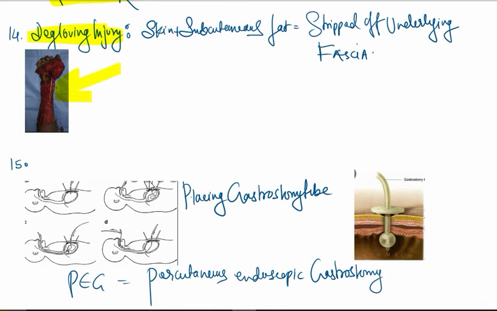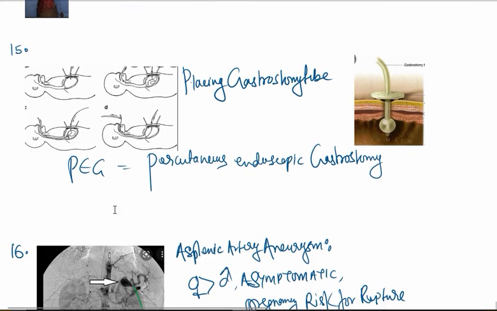So this is skin plus subcutaneous fat stripped off from the underlying fascia. This condition, here we see the inflation of the stomach and then insertion of a trocar and then a PEG tube through the abdomen.